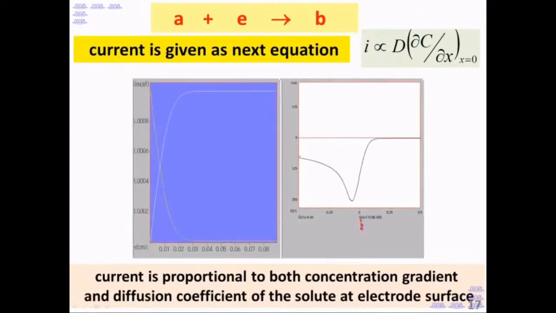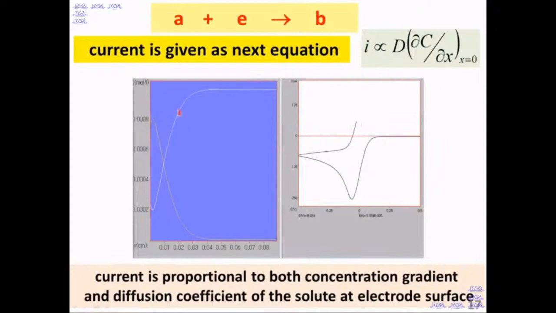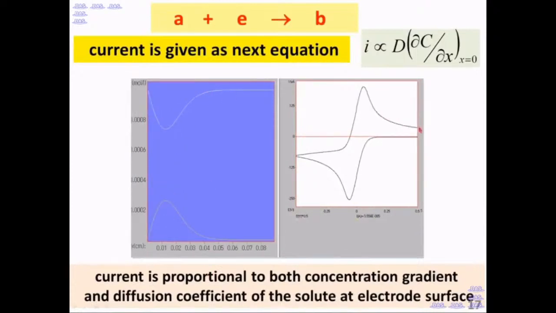Now this concentration gradient gradually decreases, and the concentration profile reverses. The important point in the final stage is the concentration profile of the initial molecule and the product, with the maximum concentration of product close to the electrode.